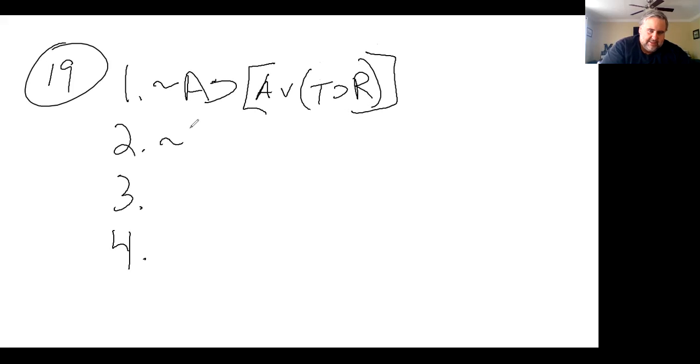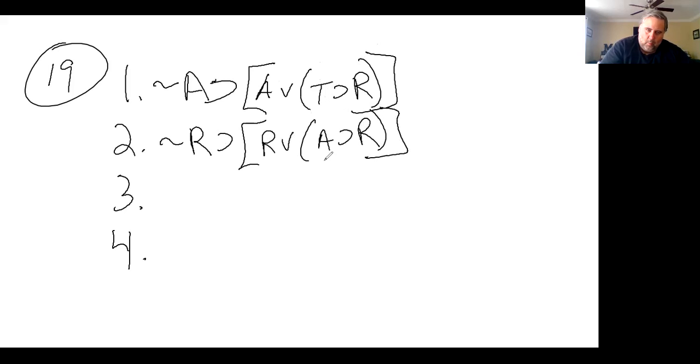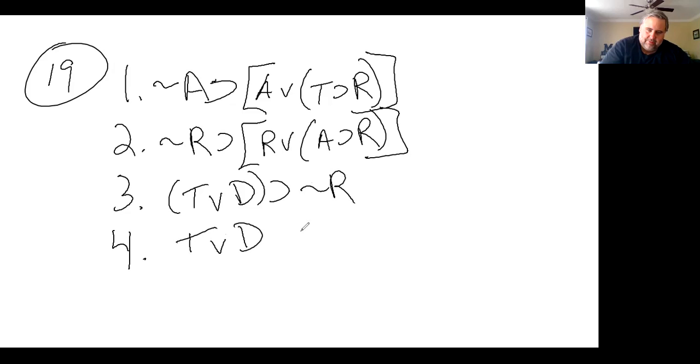Next one is tilde R horseshoe R wedge A horseshoe R. Next one is T wedge D horseshoe tilde R. And then we have T wedge D, and we're trying to prove just D is true. All right, how are we going to do that?